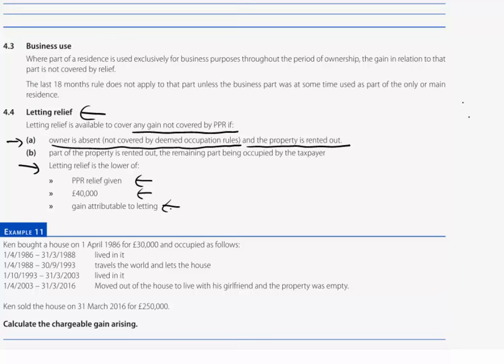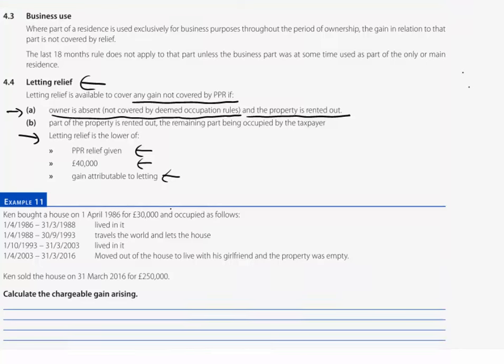And that therefore would bring down that gain to zero. So this lettings relief could be a very valuable relief in taking up to a maximum of £40,000 of gain that remains post PPR relief and also exempting it. And that's what example 11 now brings into play.